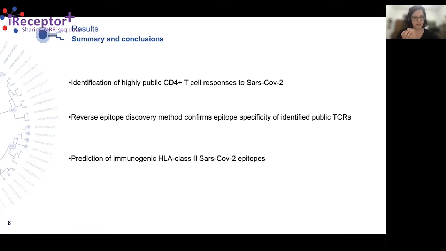Just for safety, we are doing also our own experimental validations of these predictions, and spoiler alert, it seems to work pretty nicely, luckily. And as a last thing, of course, we hope that this prediction of specific epitopes can also be of some use to whoever wants to use the data. It will all be published, and all the scripts for the method we used will be deposited on GitHub.